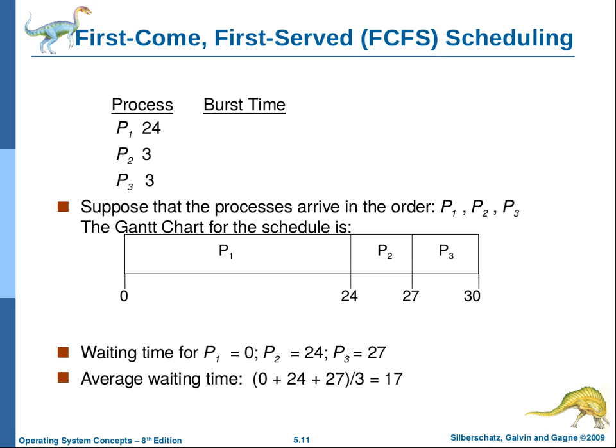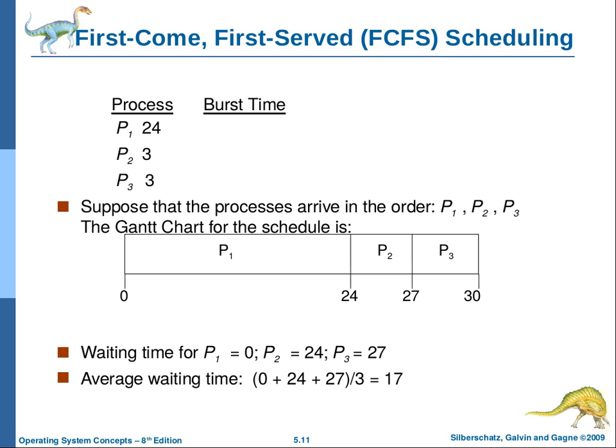All right. So the first scheduling algorithm may be intuitive. By the way, these numbers, the 24, the 3, and the 3, should be over here. So first come, first serve scheduling. You have processes P1, P2, P3.